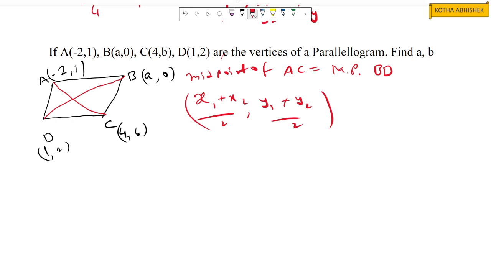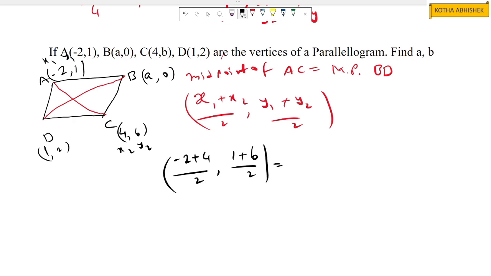Now first let us write for this AC. So this I am taking as x1, y1 and this I am taking as x2, y2. So x1 plus x2, right? That is (-2 plus 4) by 2 comma (y1 plus y2), that is (1 plus b) by 2. This should be exactly equal to the midpoint of the other diagonal, that is BD.